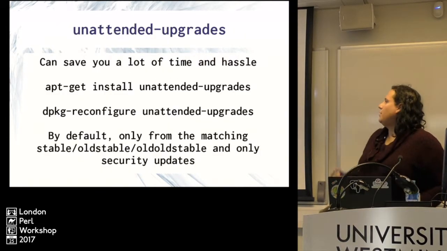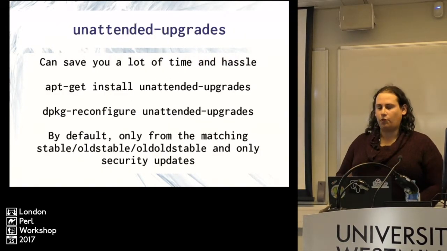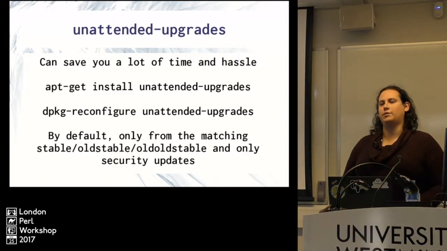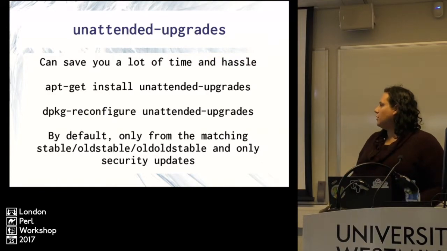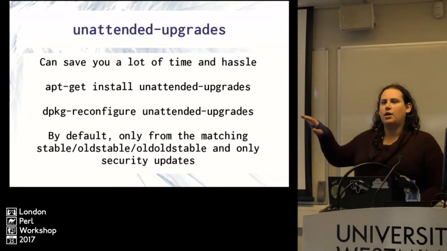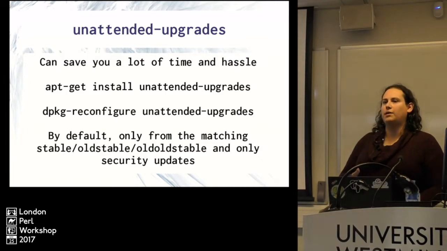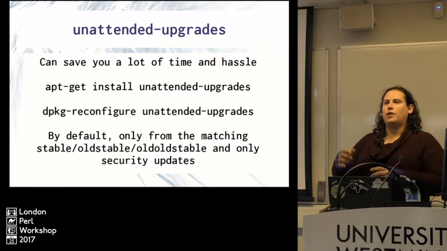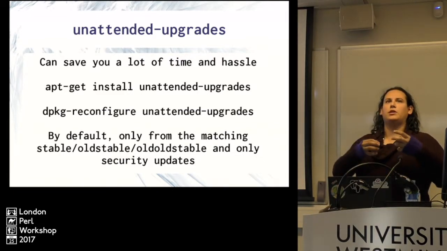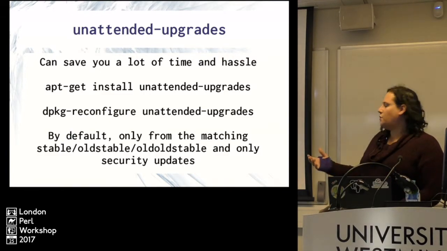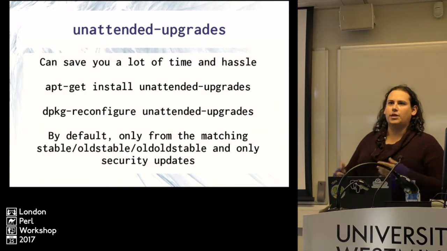But unattended upgrades, because I mentioned that before, this can save you so much time and hassle, just so much. You install unattended-upgrades, just do a dpkg-reconfigure, because it doesn't come enabled by default, and the curses interface will ask, do you want to take updates from the stable repo? Okay, we'll do that.